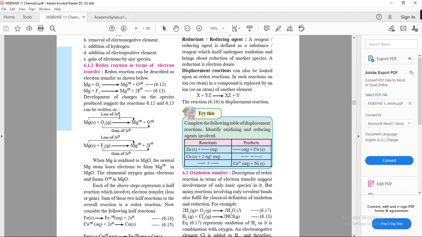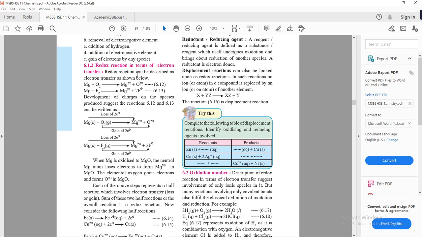So by removal of electron there is an increase in positive charge, and the reaction is oxidation. In the oxidation, positive charge will increase. In the reduction reaction, the positive charge will decrease.